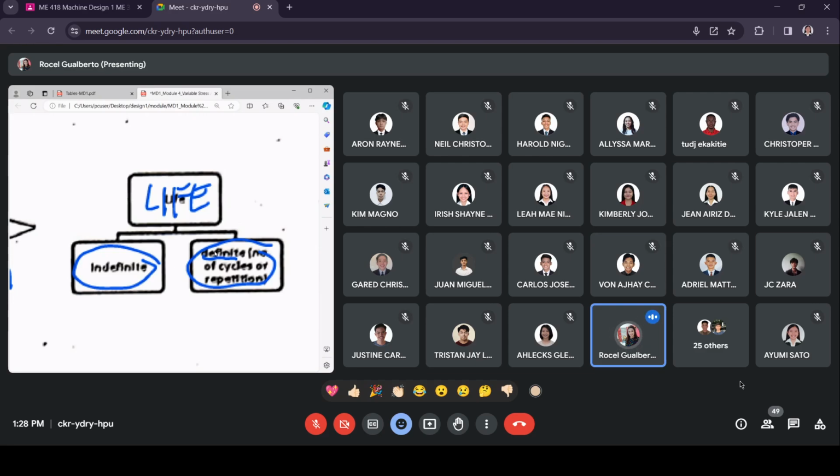So at 10,000 cycles, you can have its maximum efficiency as it functions, but more than that number of cycles, it will not function as intended, it will not be that efficient. That is why they called it definite.